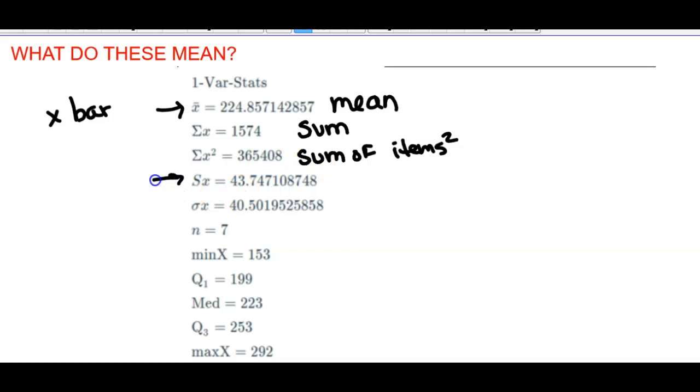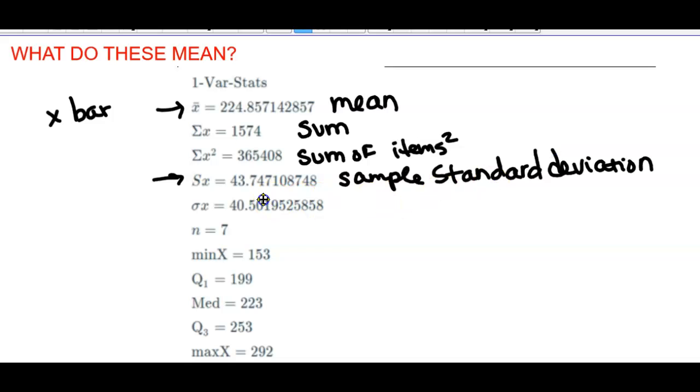This is the sample standard deviation. And if I wanted you to use that one, I would put S of X. But if you see this little symbol, that's what they're going to use. It's actually called the population standard deviation.